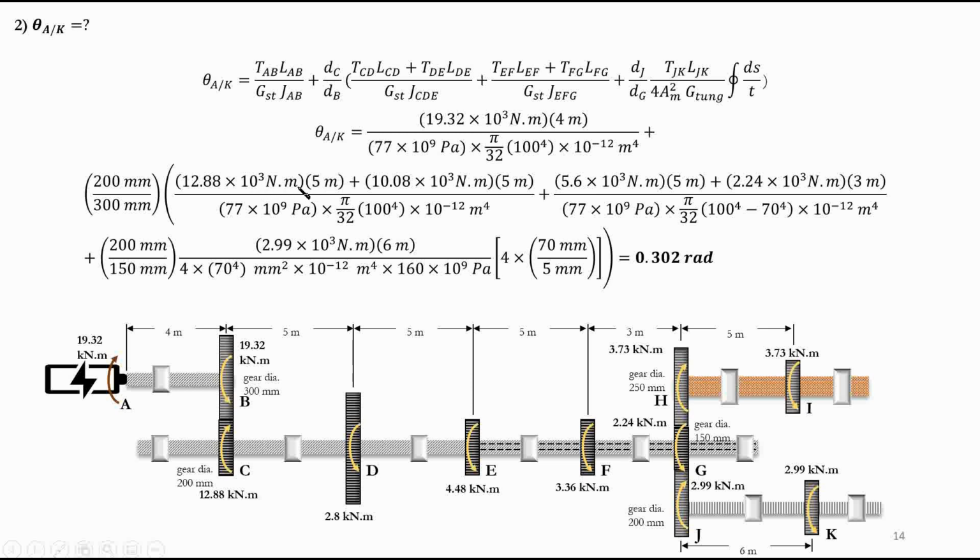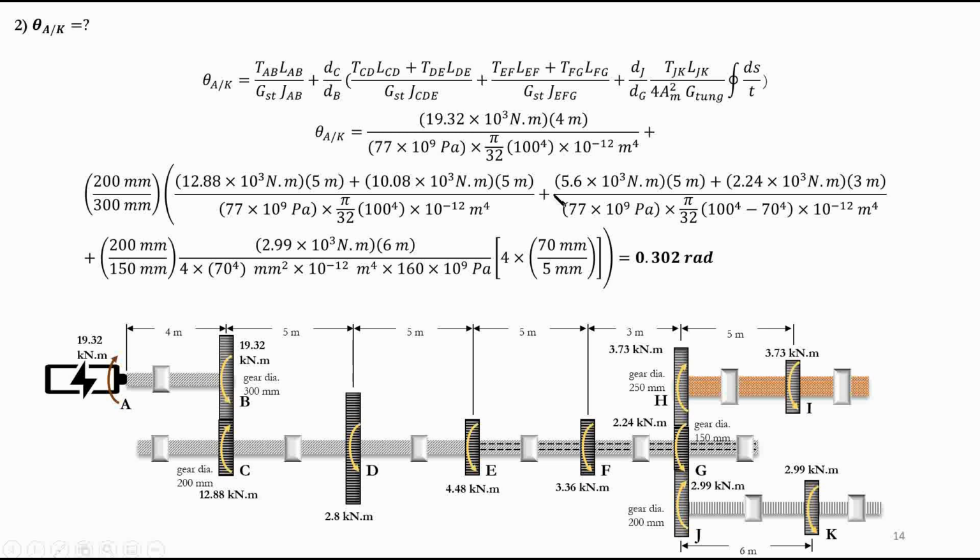Multiplied by 5 meters plus 10.08 times 10 to the power 3 times 5 meters again, divided by G, the modulus of rigidity for steel, for section CDE, and multiplied by the J value, pi over 32 times 100 to the power 4, the J value for a solid circular section. Of course, multiplied by 10 to the power negative 12 because we want to convert to meters to the power 4.